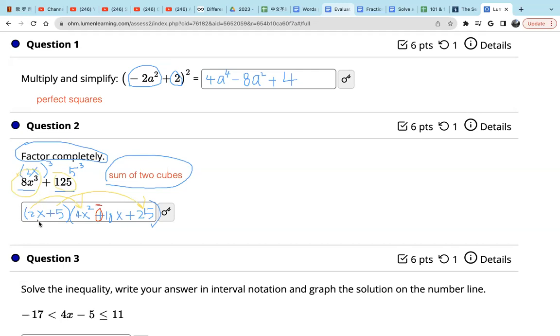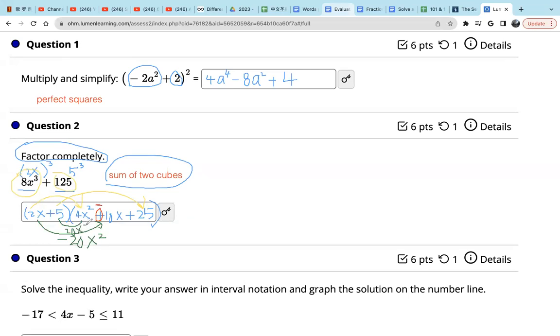The middle term comes from 2x times -10x, right? That would be -20x squared. Then we have 5 times 4x squared, that's 20x squared, positive, right? So those two cancel to be 0.